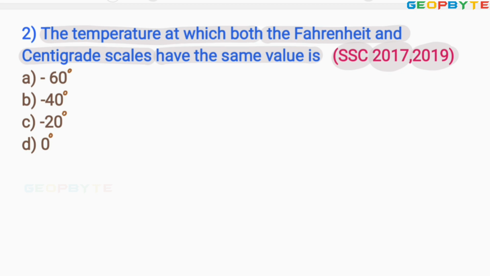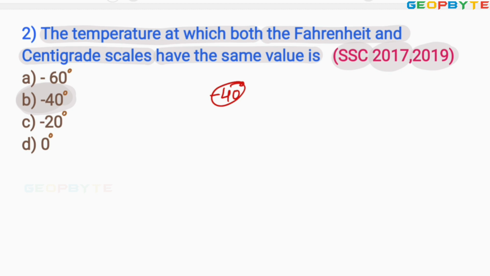Remember, my dear friends, the Fahrenheit scale and Celsius scale or centigrade scale are coinciding only at minus 40 degrees. At a thermometer reading of minus 40, both centigrade scale and Fahrenheit scales are coinciding.